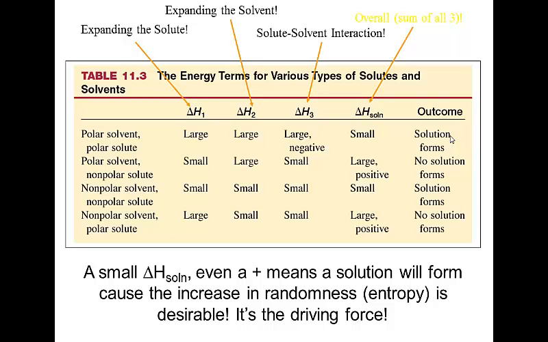Again, enthalpy change number 1 is prepping your solute, expanding them apart, should be endothermic. Step 2 is expanding the solvent, separating your water molecules, should be endothermic. Step 3 is bringing them together, ideally exothermic. And then step 4 is the sum of the first 3. So this is a handout I'm going to give you.